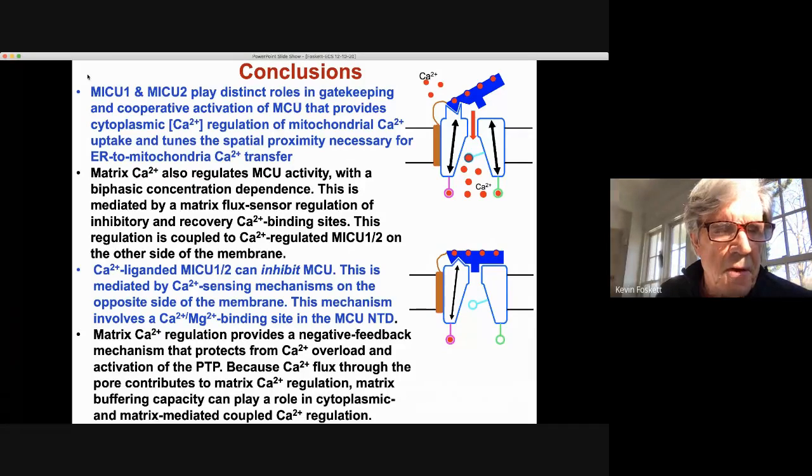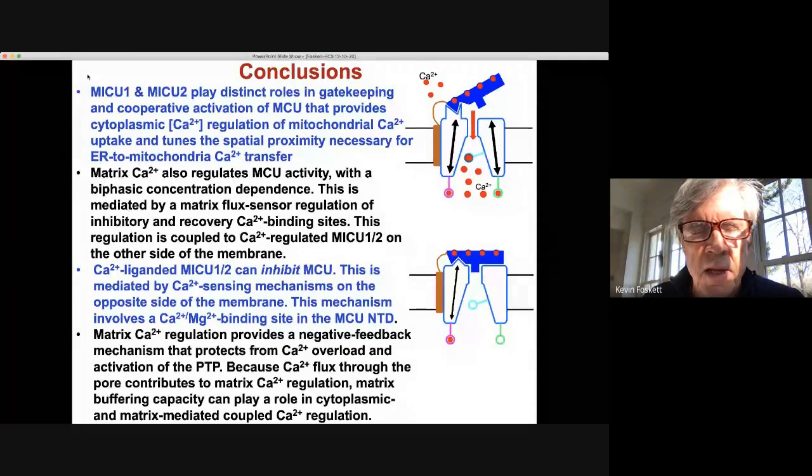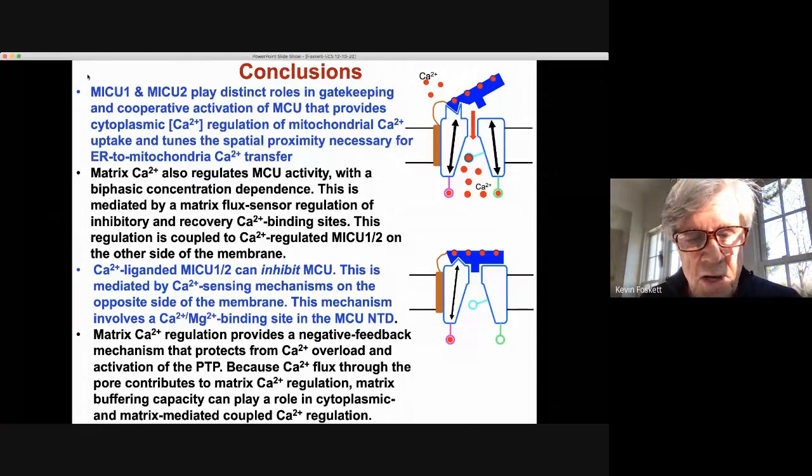Yeah, there was a structure from another group. I'm blanking on who it was right now. It was a Chinese group that solved the human MCU structure in higher resolution and showed the heavy investiture of the channel by phospholipids, but importantly by many cardiolipin molecules.